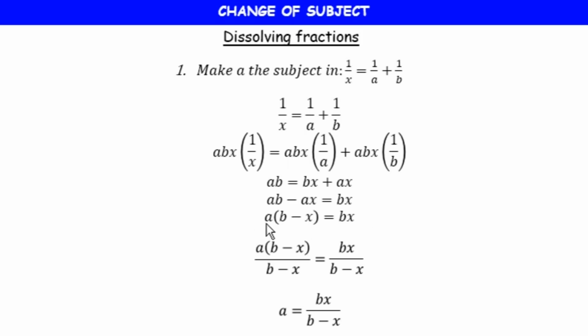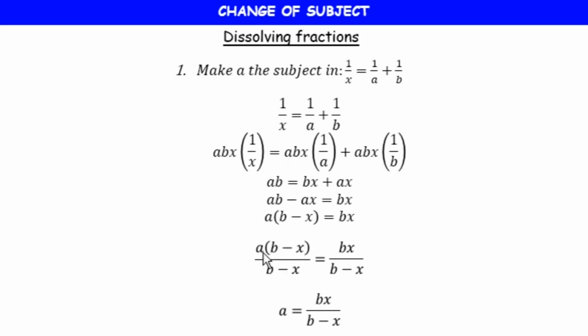And because we want to let a stand alone, what do we do? We divide both sides by b minus x. We're going to divide the expression on the left hand side by b minus x so that it cancels out the b minus x up here, leaving us with only the a. And with an equation, whatever you do to the left side, you do the same to the right side.